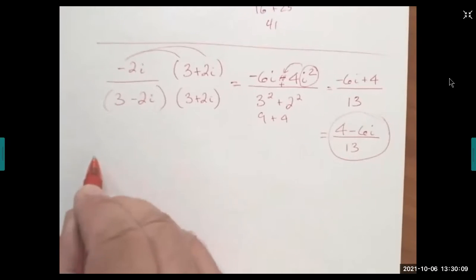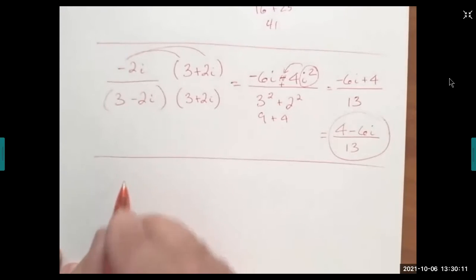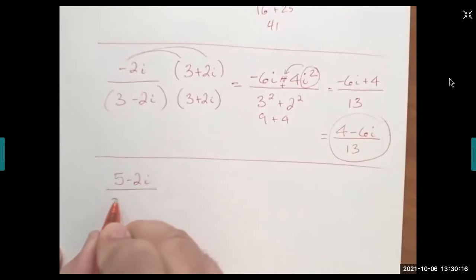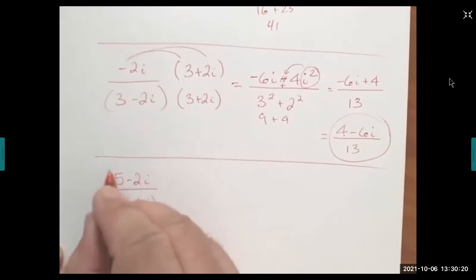Let's do a couple more. 5 minus 2i over 3 plus 4i. These are equations.